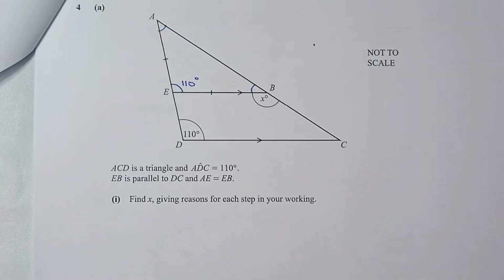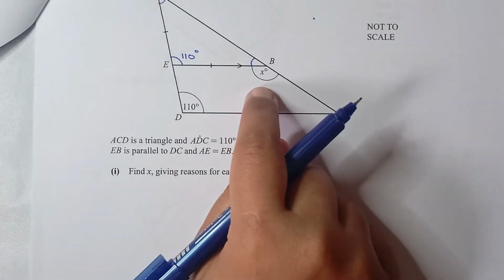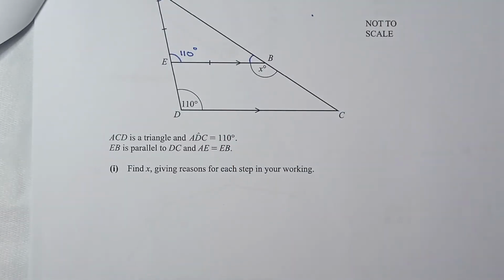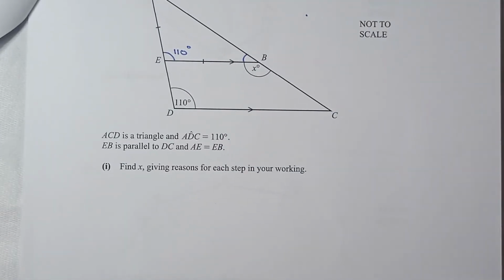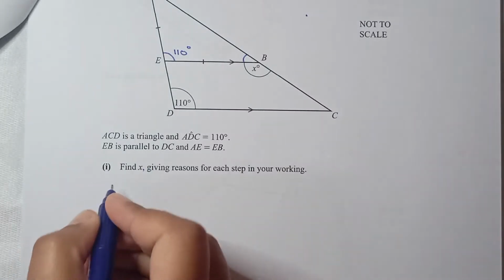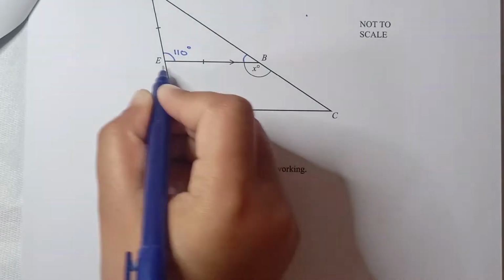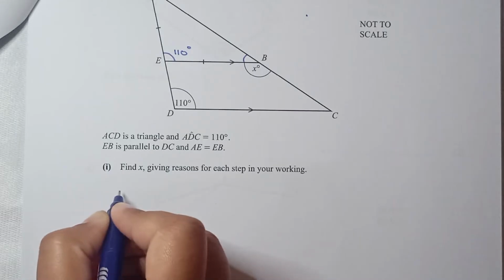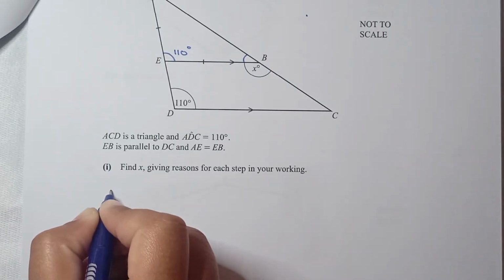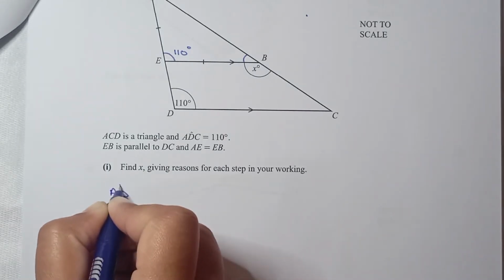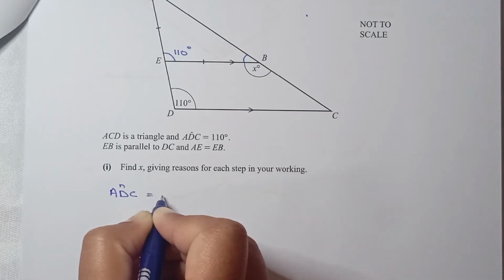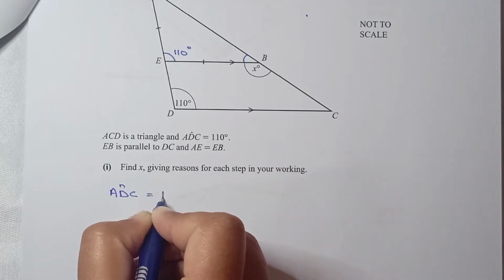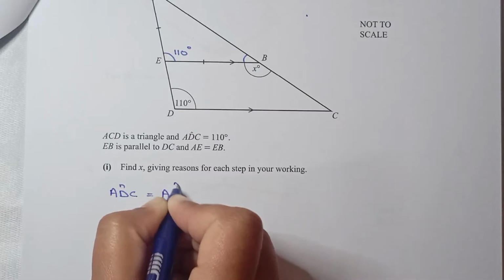Okay, so first we need to find this x value. So how can we find x? As we can see, we have been given the information that these two lines are parallel. So the first step, we can say that the angle ADC is equal to the angle AEB, right?